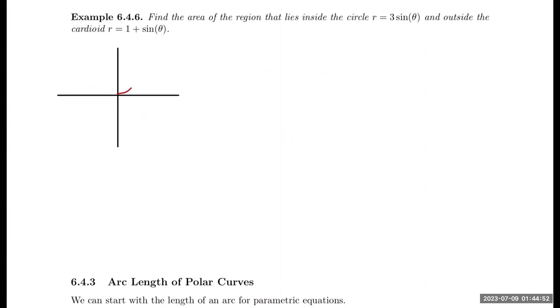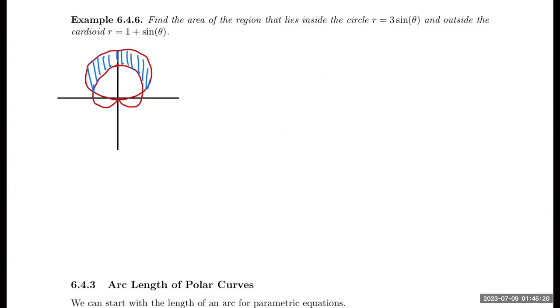We have a circle that has a radius of 3. And we have a cardioid that's a bit lower than that. Something like this. So what we want to find is this area over here. Okay, so first we will have to find the intersection points, which is over here and here. So find intersection.